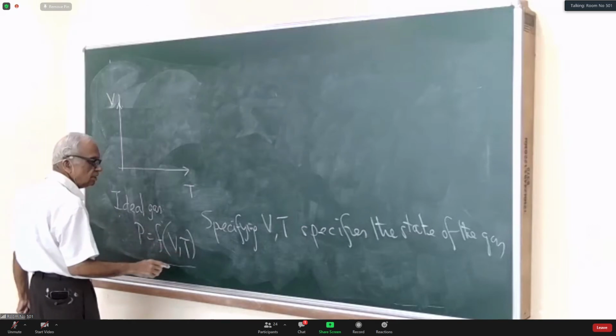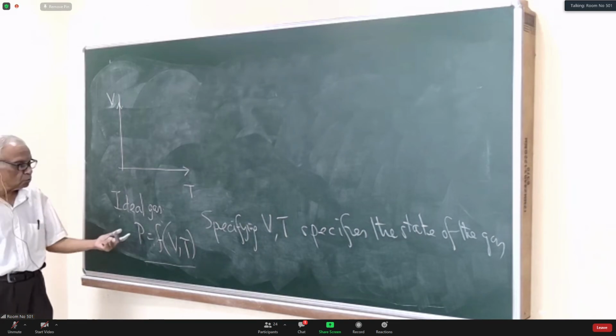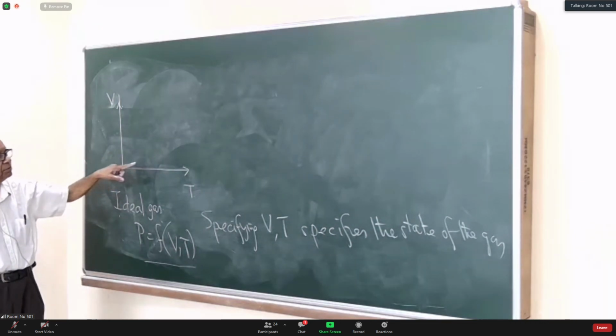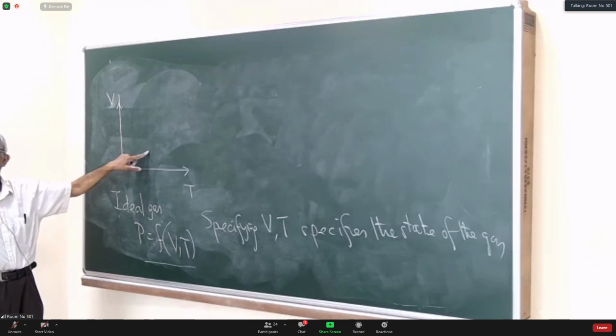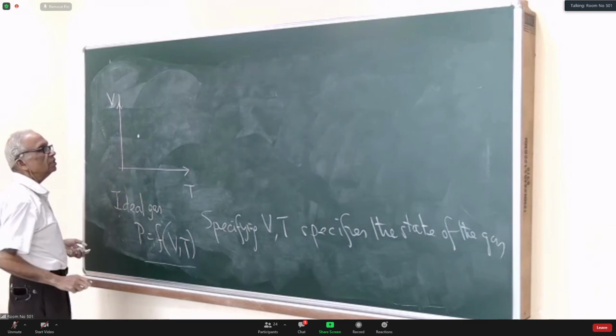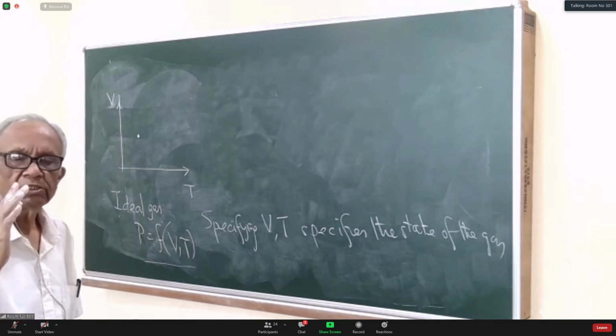So it is V and T, or you can take your pick. It can be P and V. It can be somebody else. It can be energy and V. But there are only two, and therefore it is possible to prescribe the state of the gas on this VT plane. So as soon as I put a point over here in this VT plane, the state of the gas is completely specified.